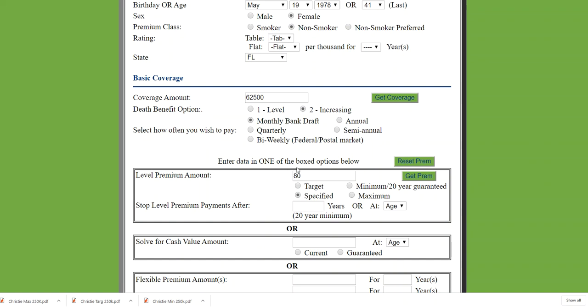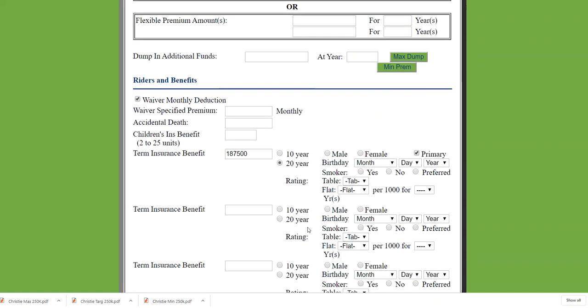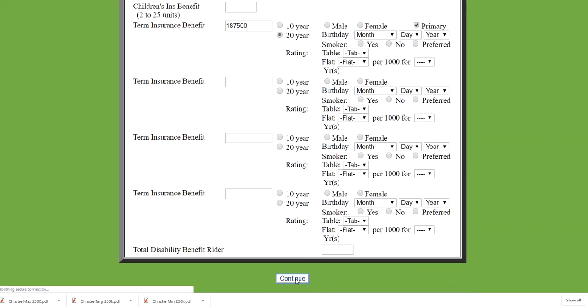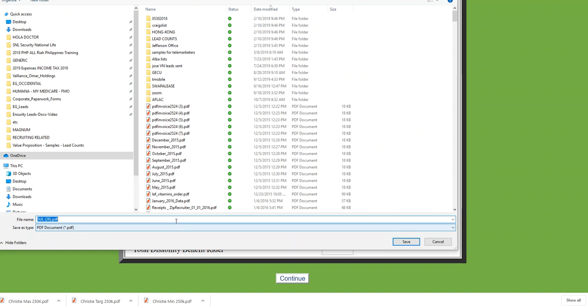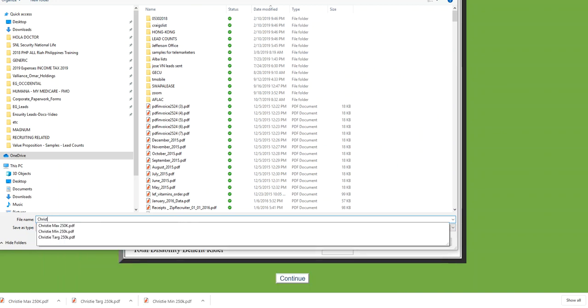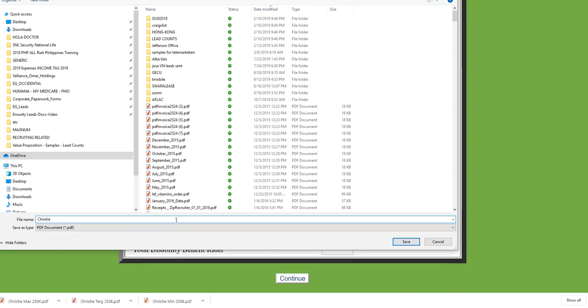So I specify now at an $80 premium. So I did that, and we can run that illustration, and we're going to save that illustration under, in this case, Christie specified 250K, $80.